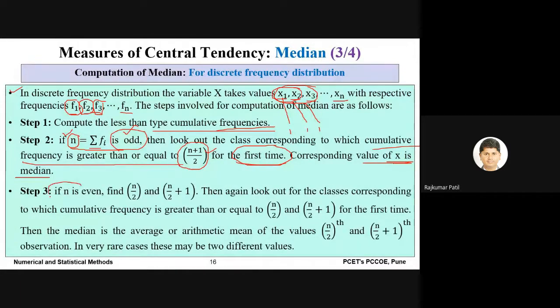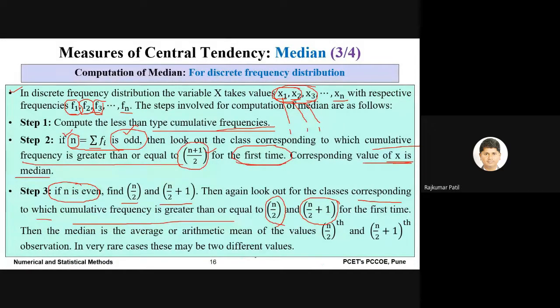If n is even, then what will you do? You will find n by 2 and n by 2 plus 1. Then look again at the classes corresponding to which the cumulative frequency is greater than or equal to n by 2 and (n plus 2) by 2 for the first time.